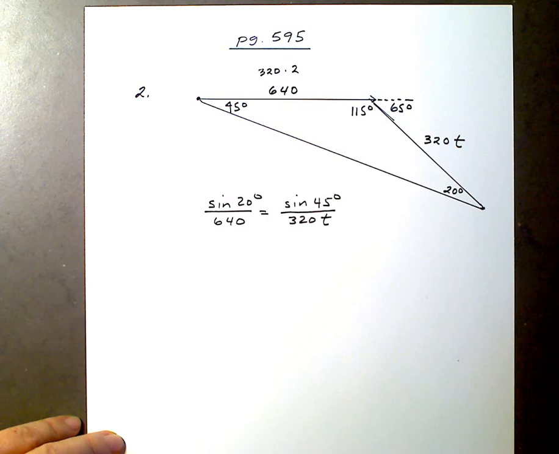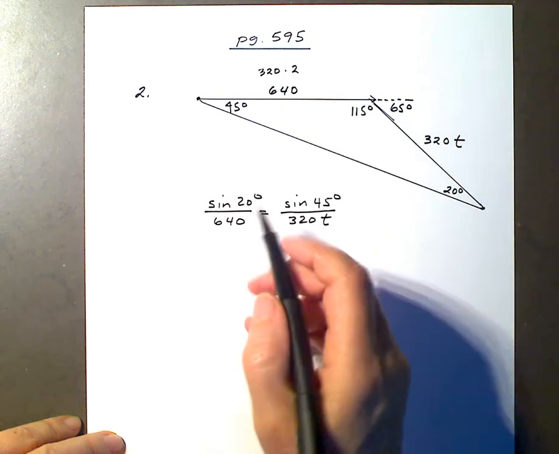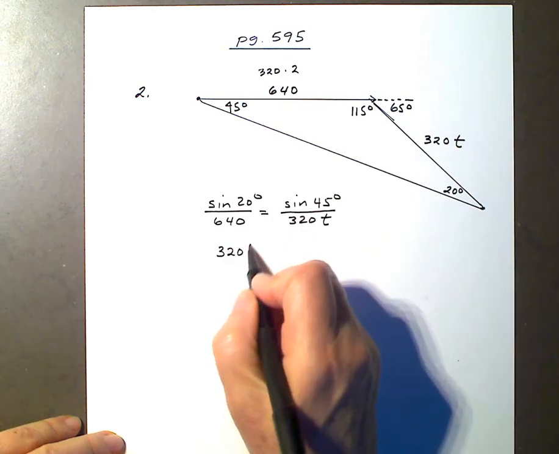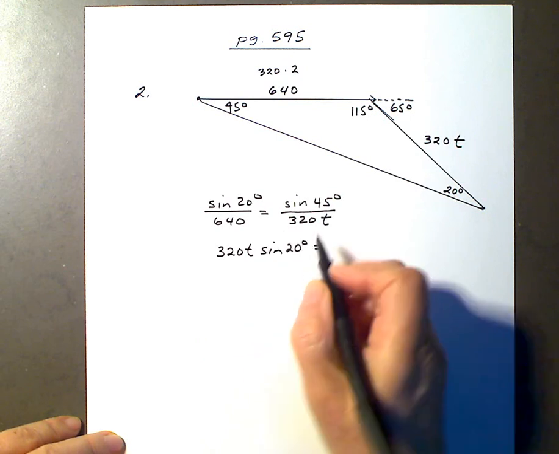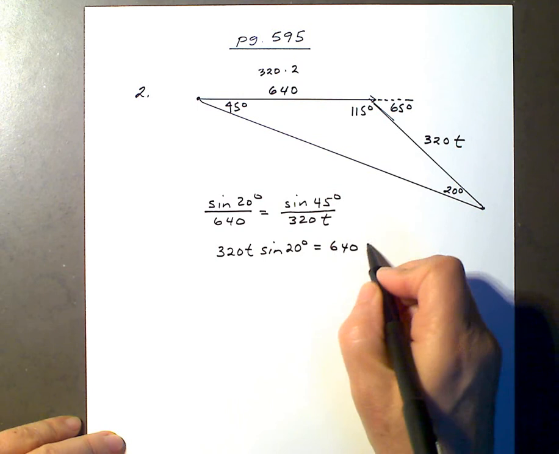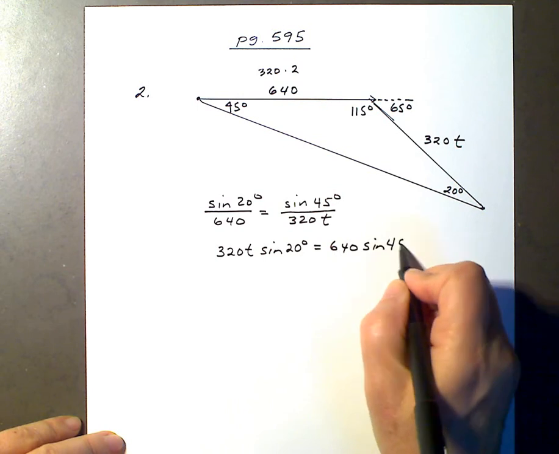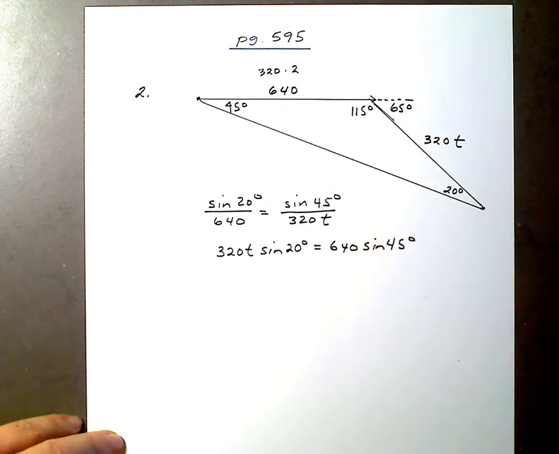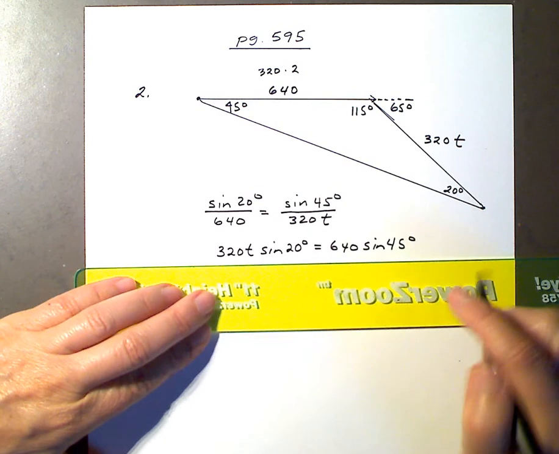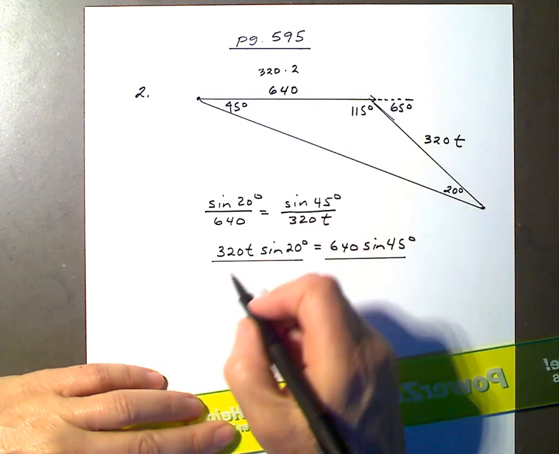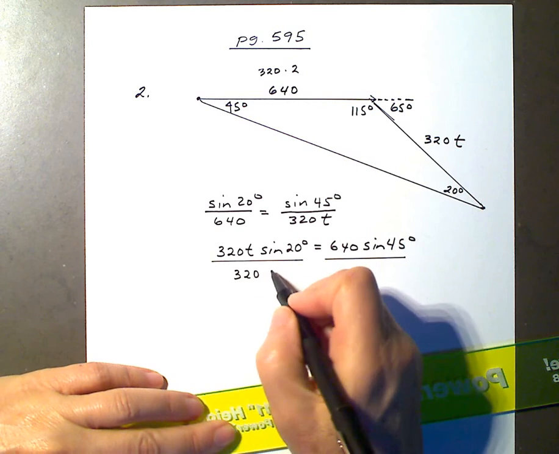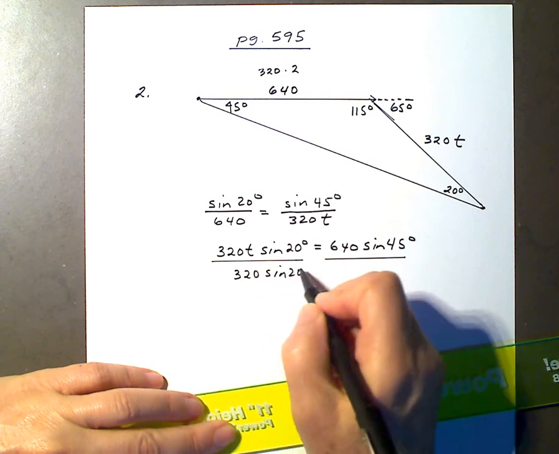So cross multiplying, 320t times the sine of 20 degrees is equal to 640 times the sine of 45 degrees. So I'm going to isolate the t on the left, so I'm going to divide both sides by 320 times the sine of 20 degrees.